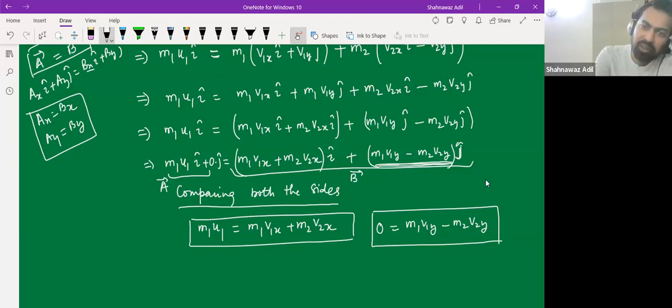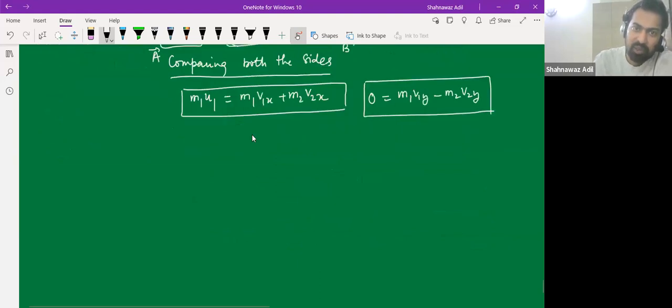Now I know all these values. I know what V1x and V2x are. V1x was V1 cos theta 1 and V1y was V1 sin theta 1.